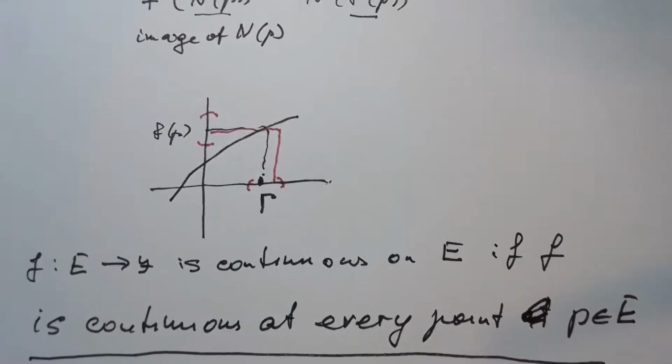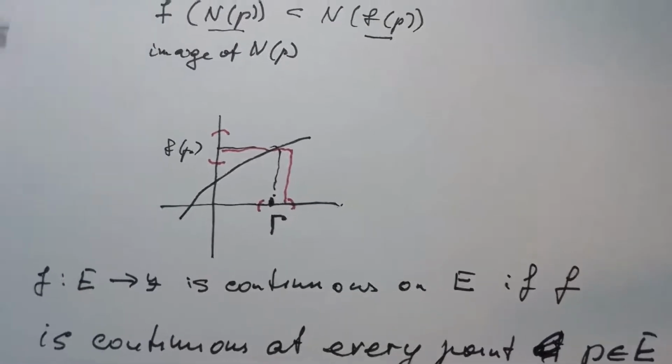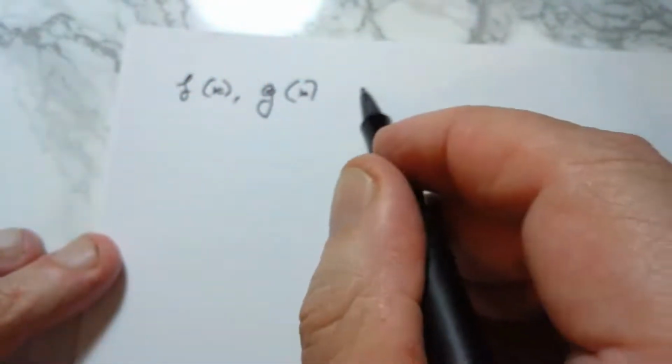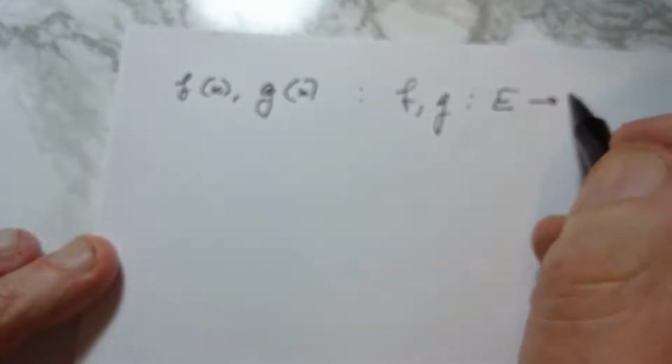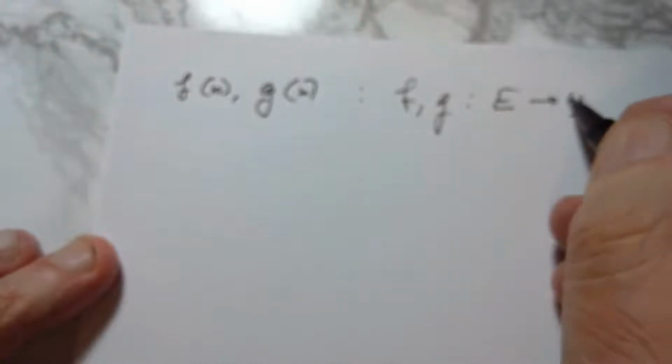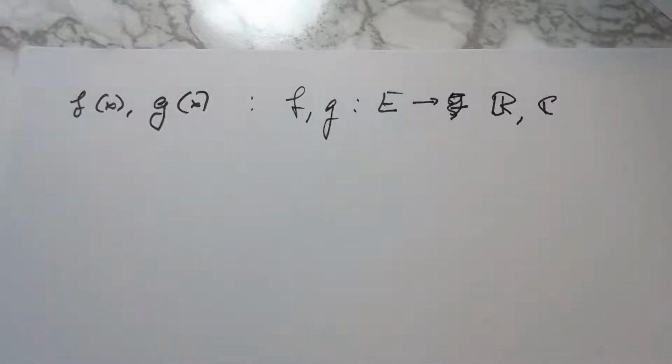And very quickly, because we studied limits before and we studied all this other stuff, we can prove a whole bunch of theorems. So let's suppose that I have two functions, f of x and g of x, and these functions f and g map the set E into R or C, or even R^k, which I will do in a moment.